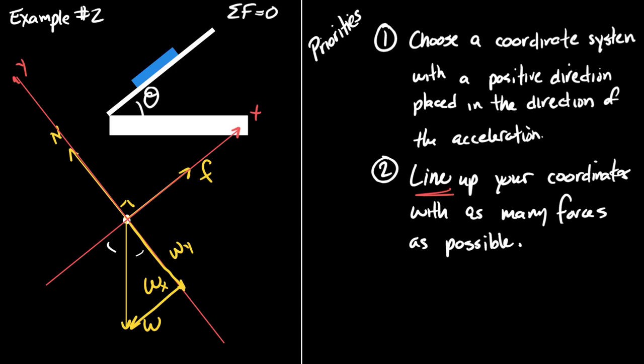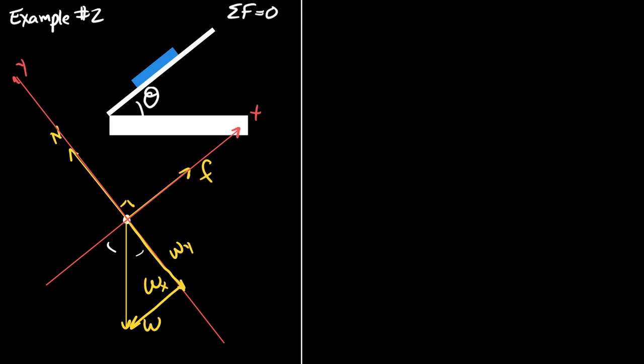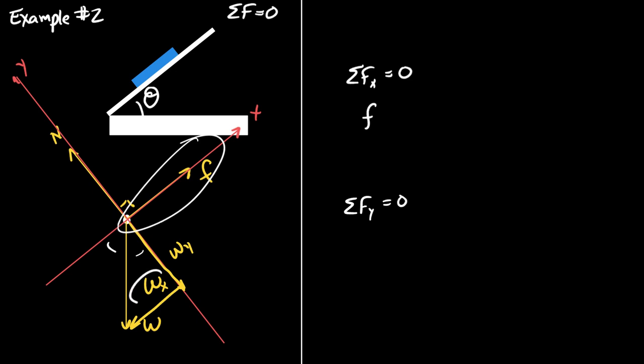So our next job is to apply Newton's law. Well, I have net force in the x direction equals 0, and net force in the y direction equals 0. I must add up all the forces, taking into account the direction, and set them equal to 0. So in the x direction, I see two possible forces. I see friction in the positive direction and a component of the weight in the negative direction. I'll have to figure out that component. I'll probably have to do some sine, cosine, and tangent, right?